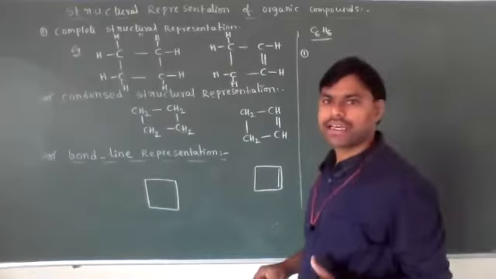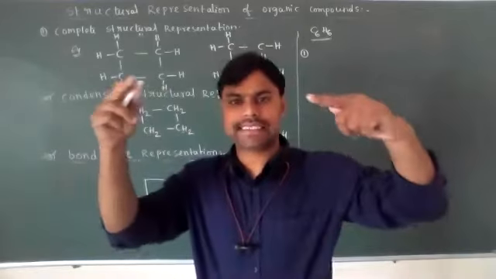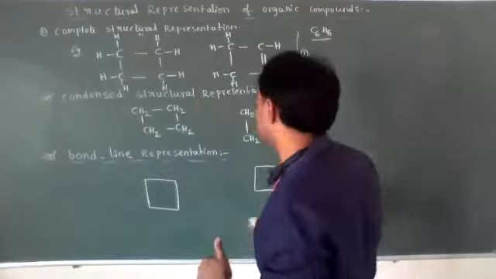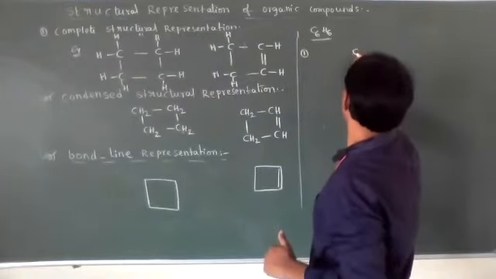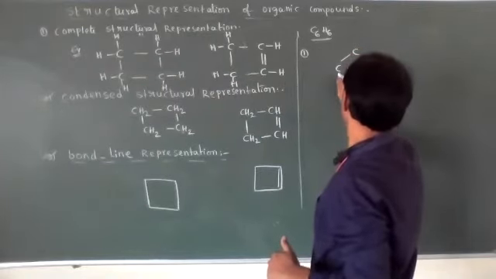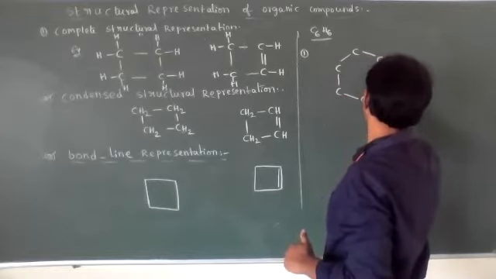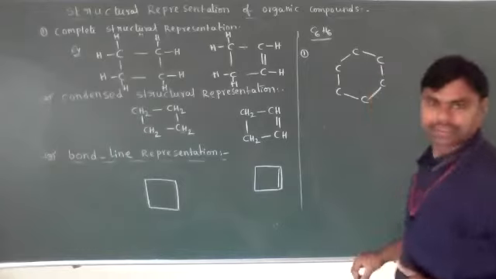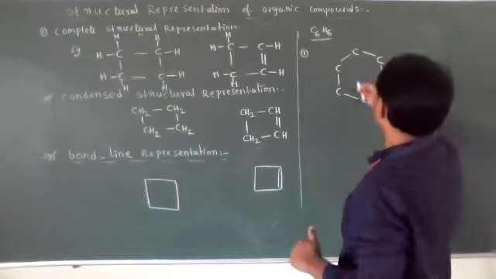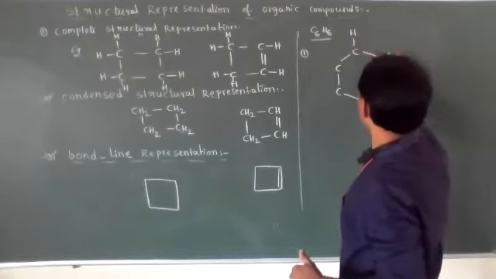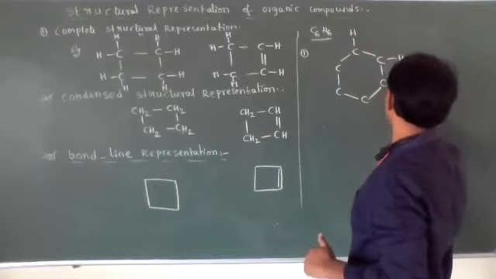We have to draw the complete representation, which means 6 carbon atoms are connected in a cyclic ring. Now each carbon is connected with one hydrogen atom, a CH bond.